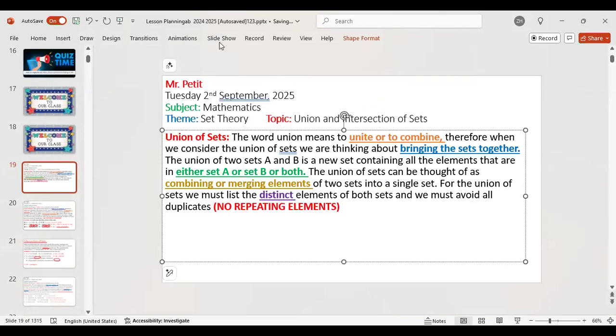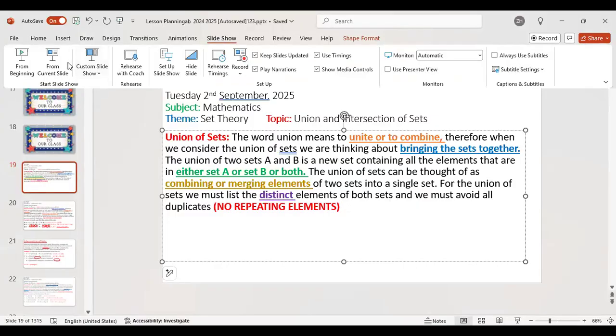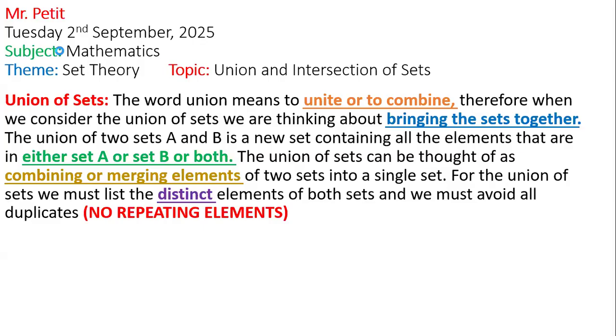So Cleveland, when we are writing our union of sets, are we going to have any repeating elements? No, sir. No, exactly. No repeating elements.